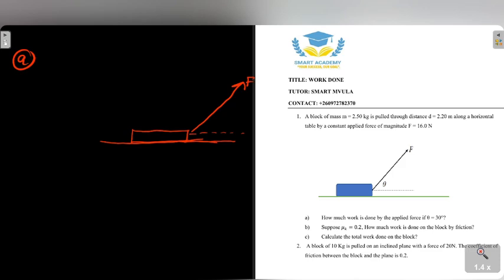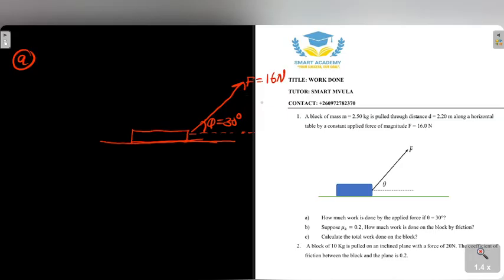The size of the force being applied is 16 newtons, as indicated in the question, and this force is applied at an angle, theta, which is 30 degrees.